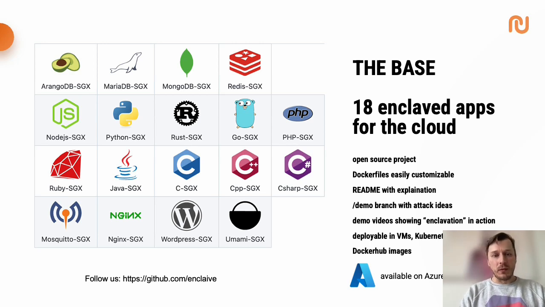Some repos also have some demo videos, for example, if you first of all want to check out how SGX can help your application. And to speed up the process, because some of those applications need to be built, and the build process is a bit time consuming, there are the images already on Docker Hub.